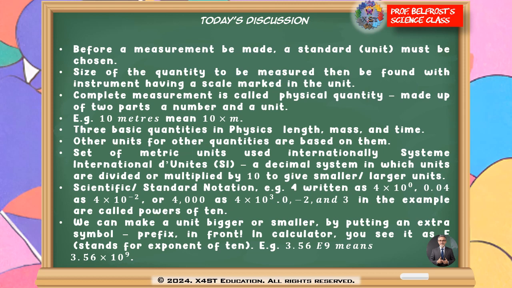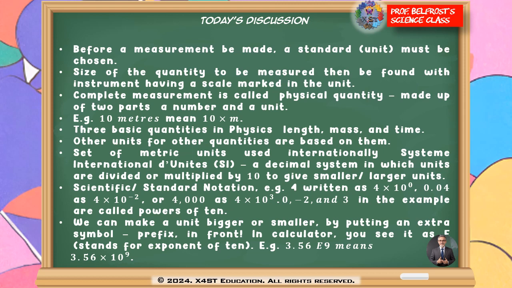So 10 is the variable. We can substitute any number that we want that represents a multiplier of a certain fixed quantity or fixed unit or fixed standard, which is in this case meter. So we know how long 1 meter is, and we just add 9 more identical meters to create 10 meters.